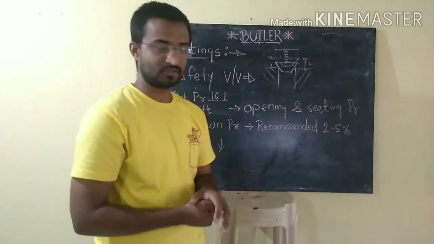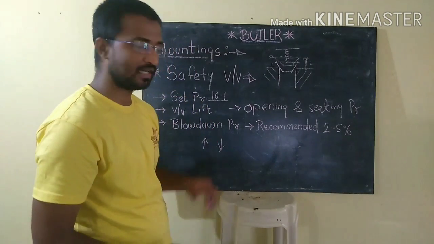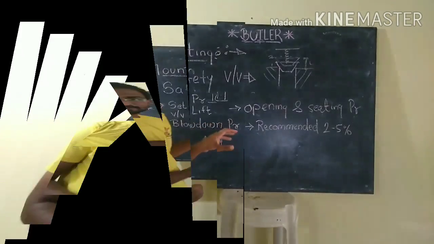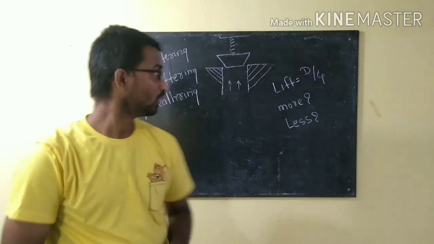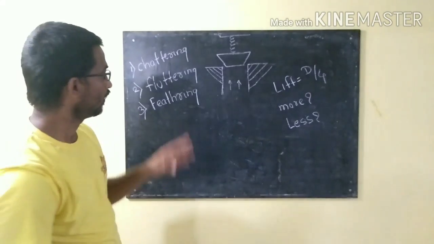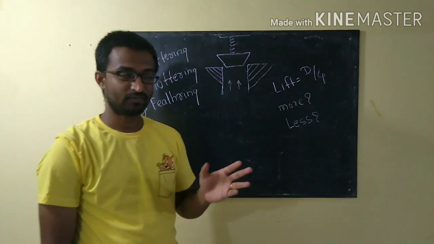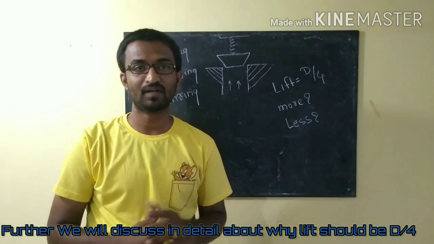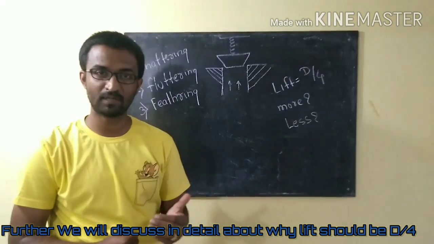There are some effects if the blow down pressure is very low, like the chattering effect and fluttering effect. We will discuss the chattering, fluttering and feathering effects, but before that we will discuss the lift. The safety valve lift should be D by 4. Why D by 4?